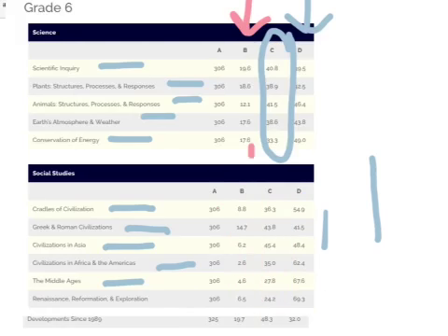As identified earlier in column B, we have the areas where students demonstrated the greatest weaknesses.